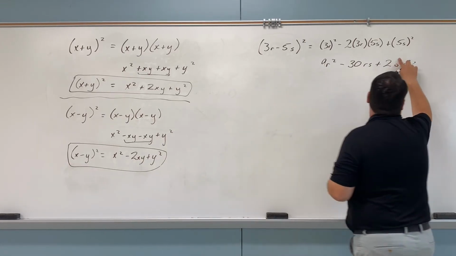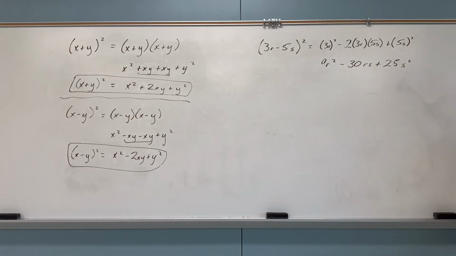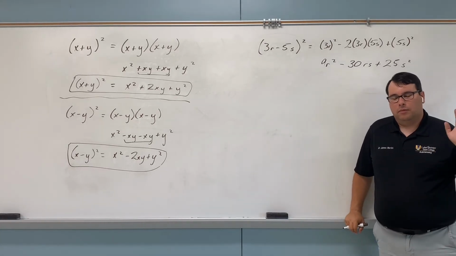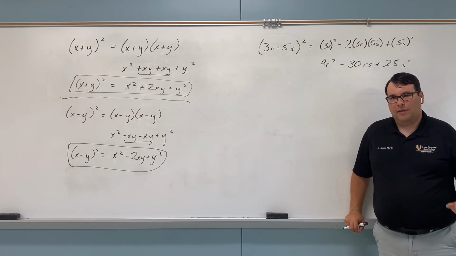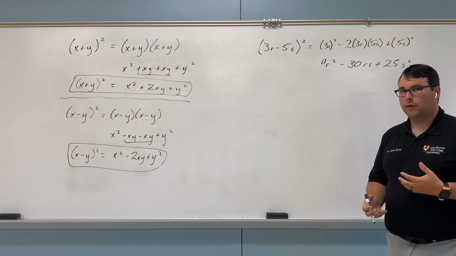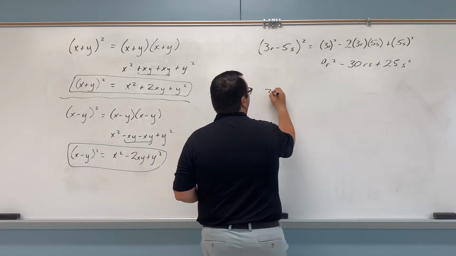That is 25. Make sure my 5 looks a little bit more like a 5. There you go. And that is it. That is the simplified version from definition. Now you might be saying, what? That seems way too hard. Again, this kind of rule, as you start doing more of them, will fall into line. It will make sense.